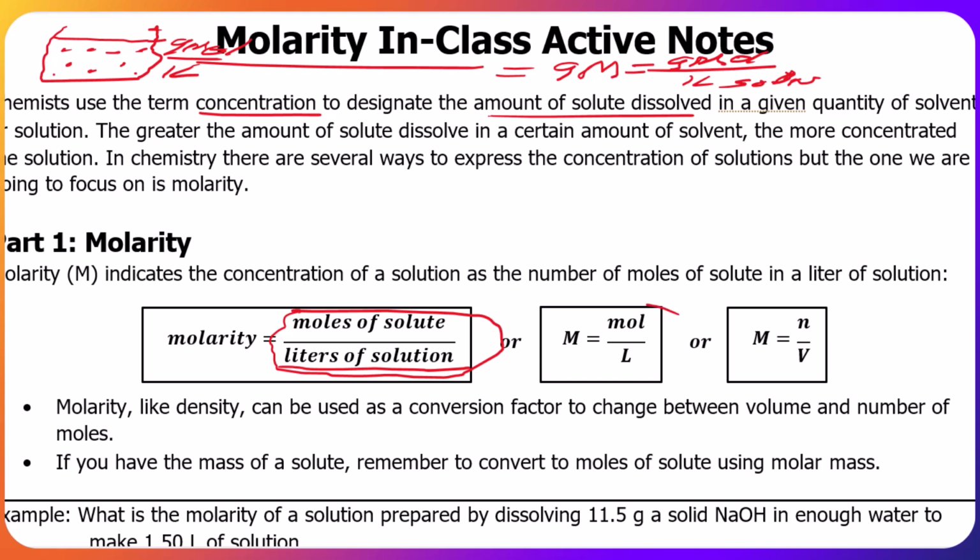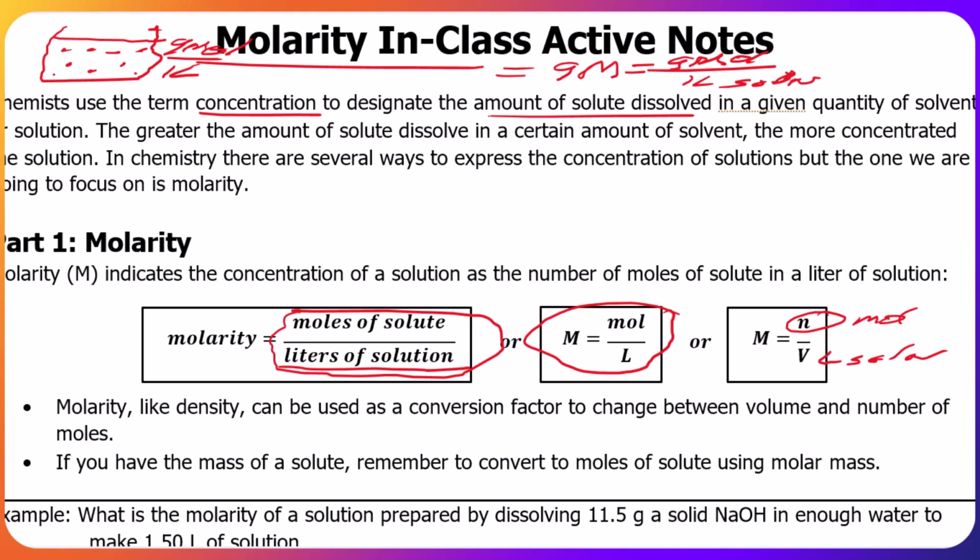We might represent it as a capital M, which means molarity, which is moles over capital L, liters, or even N, which stands for moles as well. That's just another way we designate moles, and the volume is in liters of solution.